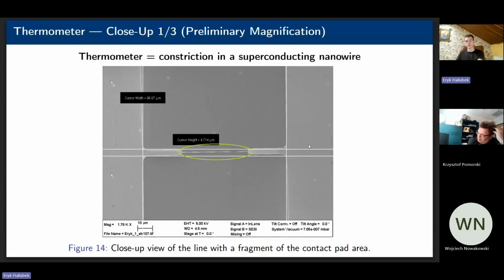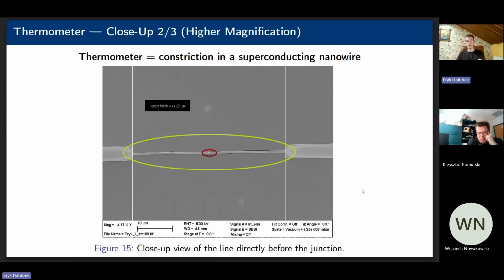The piece of metal on the right side is the right contact pad. And here are the lines that deliver the current pulses to the nanowire and then that nano thermometer that is really small.